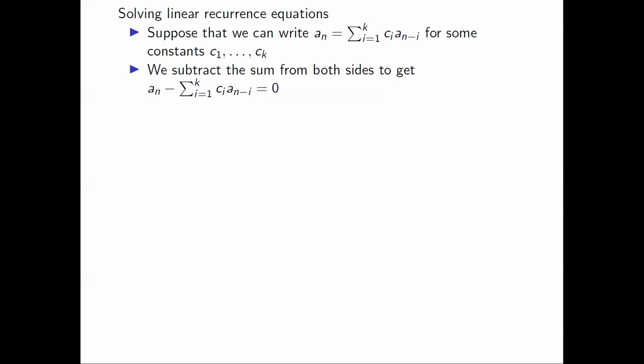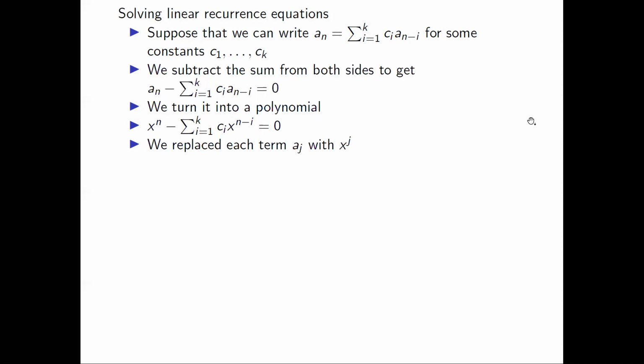Now, our next step is going to be to convert this equation into a polynomial equation. How can we do that? Well, all we're going to do is replace each a sub j with an x to the j. So our recurrence equation turns into x to the n minus the sum from i equals 1 to k of c_i times x to the n minus i equals 0.